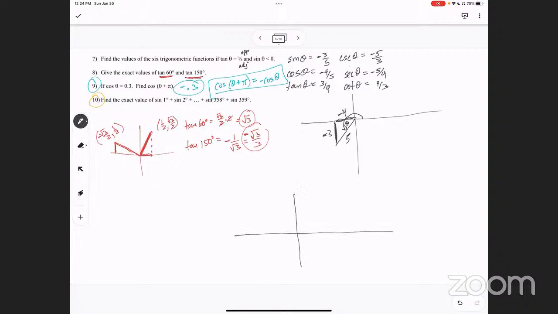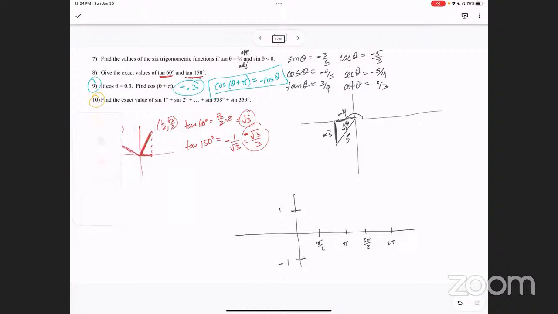Let's look at your sine function. It goes from 1 to -1, and here's pi over 2, here's pi, here's 3 pi over 2, and here's 2 pi. So it goes like this.